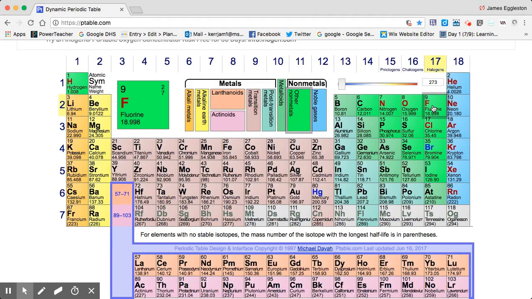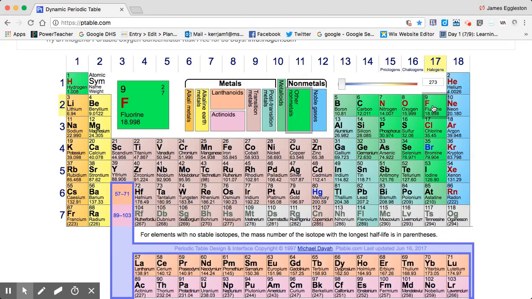Looking in the green box over here to the left, we see the capital F with the 9, and the configuration to the right, 2, 7. Configuration 2, 7. Now that means there's 2 electrons in the first shell and 7 in the second shell.